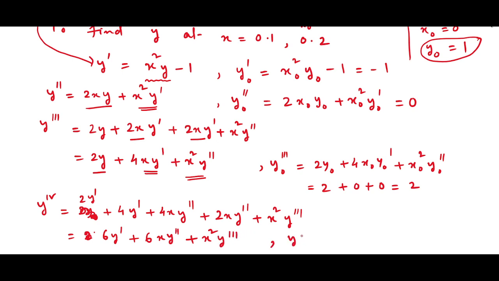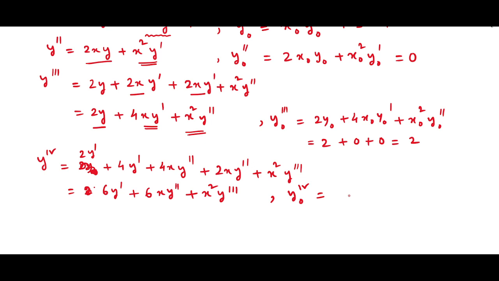So let us find y naught 4. Okay. So our y naught 4 will be 6y naught dash plus 6x naught y naught double dash plus x naught square y naught triple dash. So every time after differentiating, we are putting the initial values, that is x equal to x naught and y equal to y naught. So here, what is y naught dash?